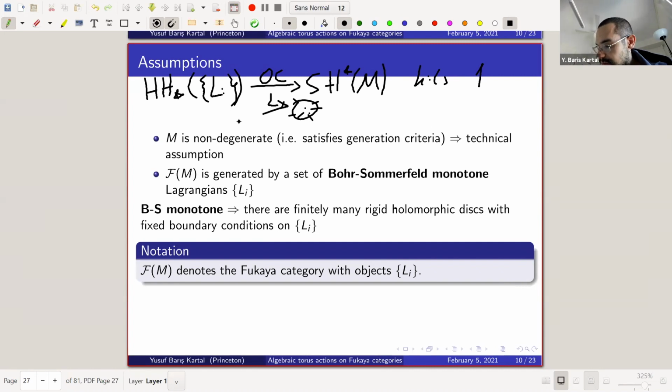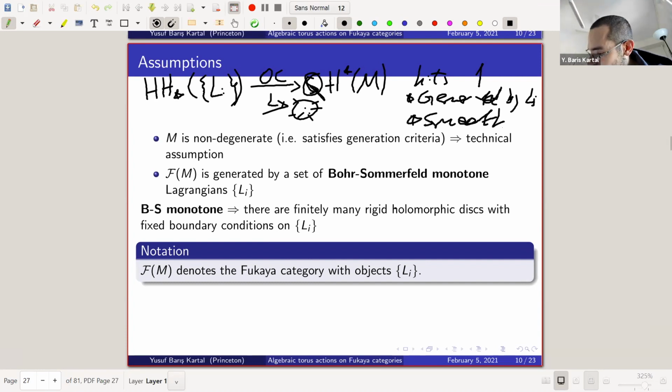This implies various things. You can also replace this in the compact case: it would be QH, of course, not symplectic cohomology. One implication is that the Fukaya category is generated by Li. Another implication, by Shklyarov's thesis, is that the Fukaya category is smooth.